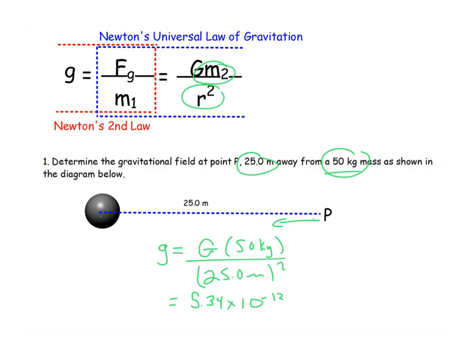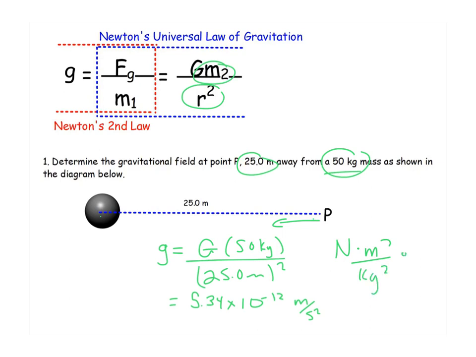One unit is, if we think about g, 9.81 is meters per second squared. That's one unit that does work for gravitational field strength. Another unit is if we look at G. Big G is newtons times meters squared over kilograms squared.